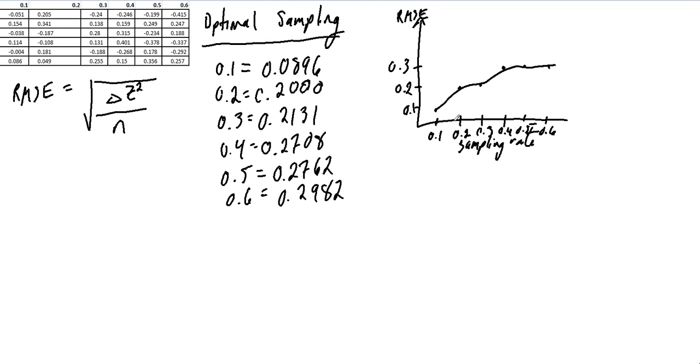Okay. Now the question is, if I were to have an optimal sampling location of 0.25, I'm going to look on this side of the graph. 0.25 is about halfway between 0.2 and 0.3.